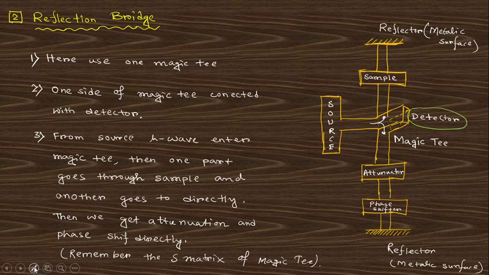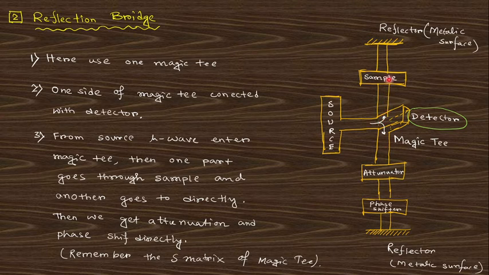So you can see here, when the microwave comes from the source, it goes towards the sample and attenuator, not towards the detector, because you know about the S matrix, the symmetric matrix. If we enter from port number 3, then it goes to 1 and 2.